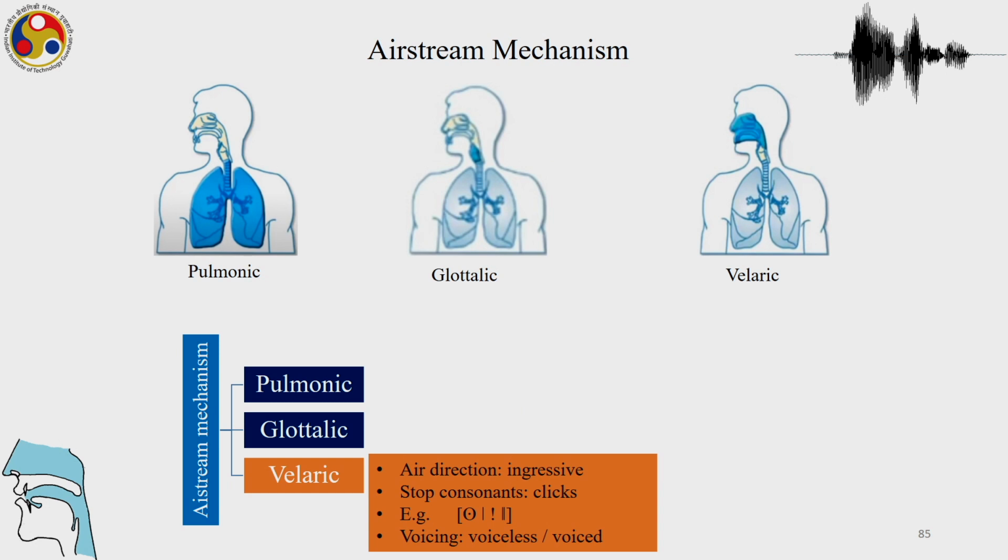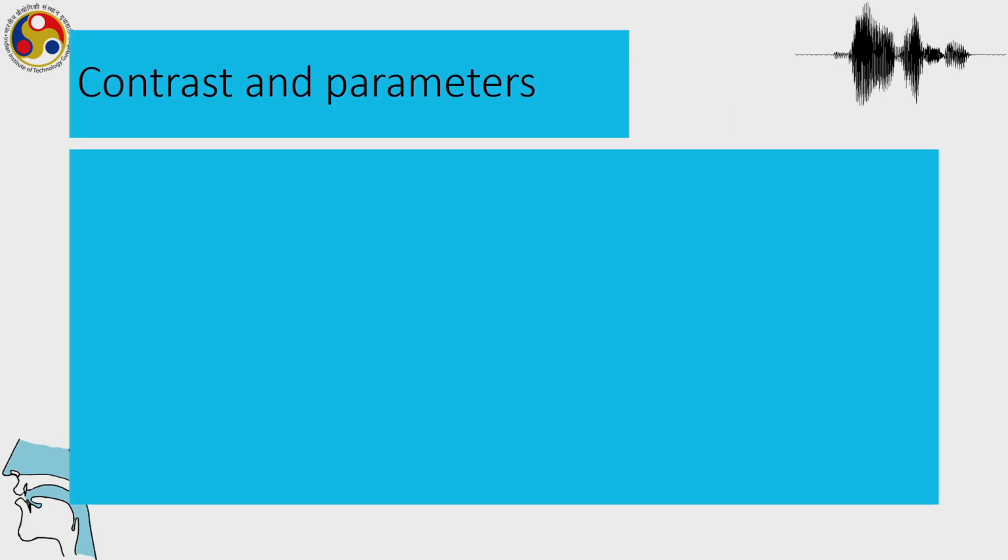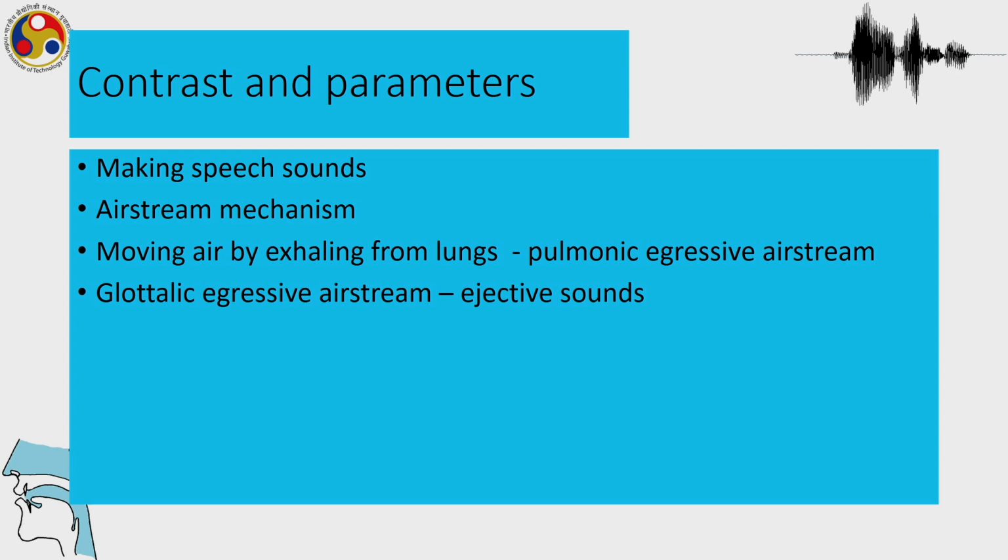And then in the velaric airstream, only the ingressive direction is possible, and in this clicks are produced, and clicks can be both voiceless and voiced. So making speech sounds involves an airstream mechanism, which we know from the beginning of this course, moving air by exhaling from the lungs.